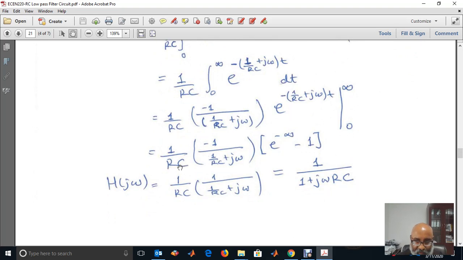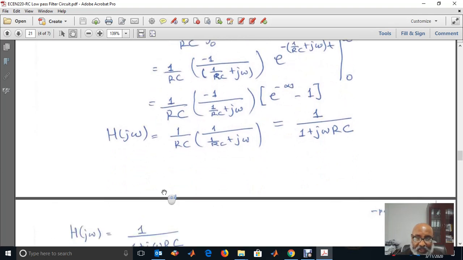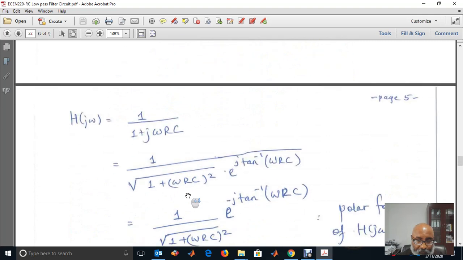And when RC goes here after simplification, we have H(j omega) equals 1 over 1 plus j omega RC. What is this? This is the frequency response of the system. That means changing the time domain impulse response to the frequency domain.